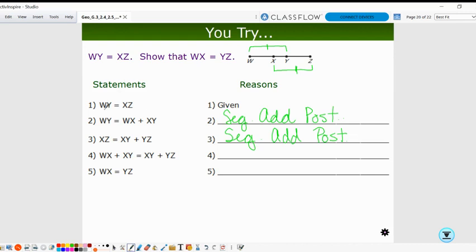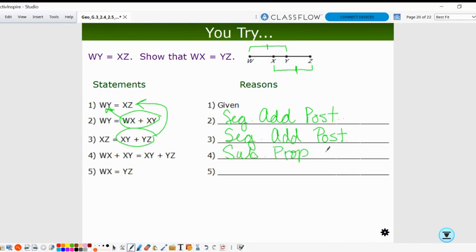Let me start that again. WY equals XZ. WY is WX plus XY. XZ is XY plus YZ. So we're just substituting this in for the WY, and substituting this in for the XZ, and we have this. So I'm going to say substitution property.